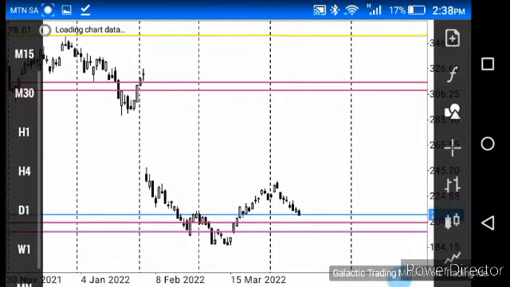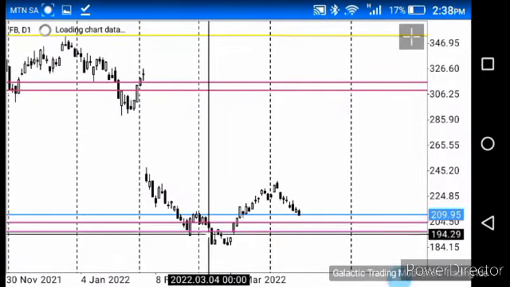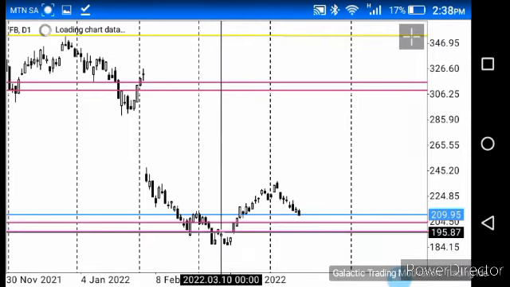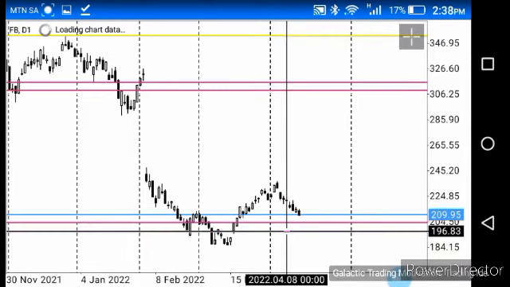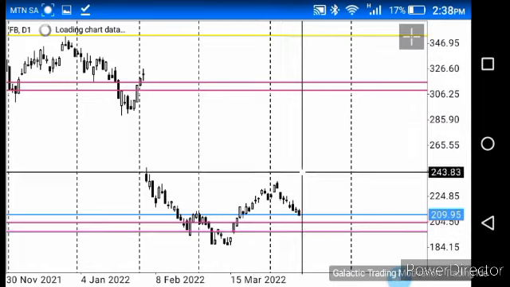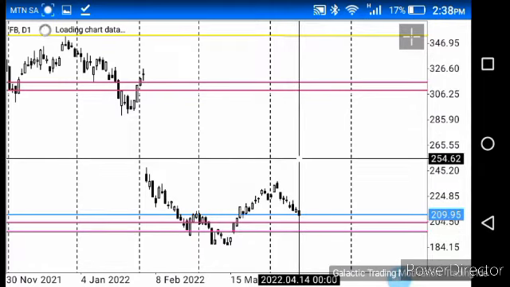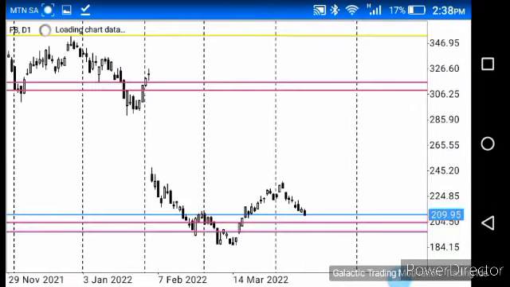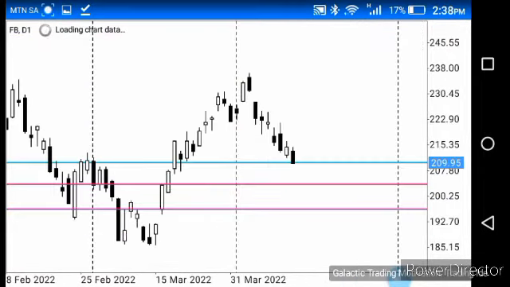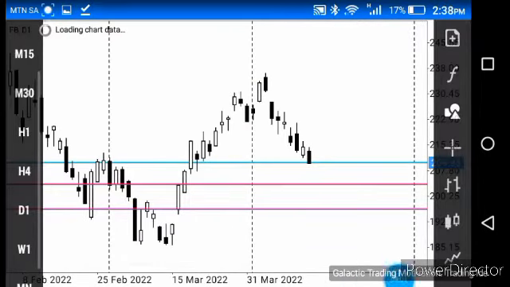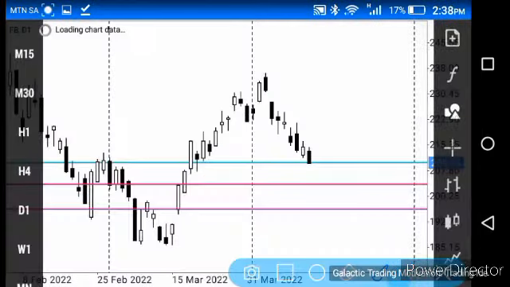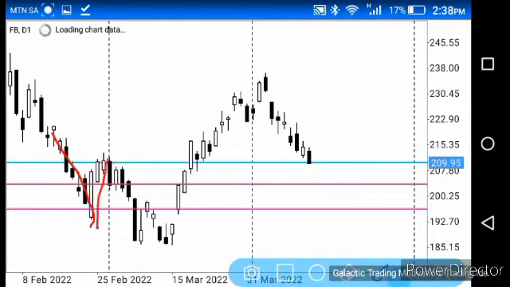We also have another small W here. If you look at it, small W here, which also has its neckline there, so what we may actually see happening at this point is that price may continue to create a head and shoulders pattern where we have the first shoulder, price went up again, then we have the head, then price went up again, then price may come back here again and then push.